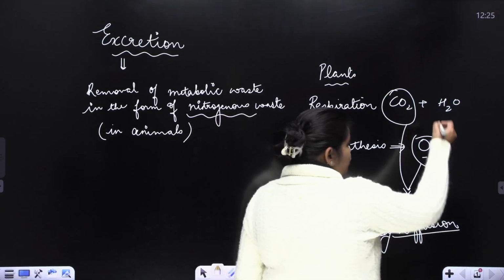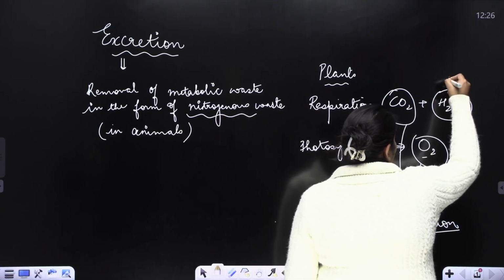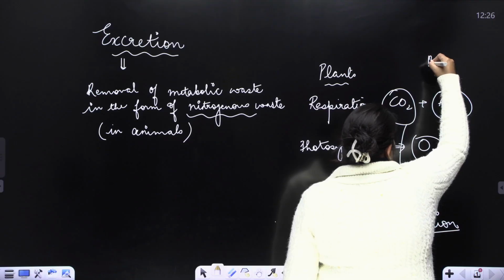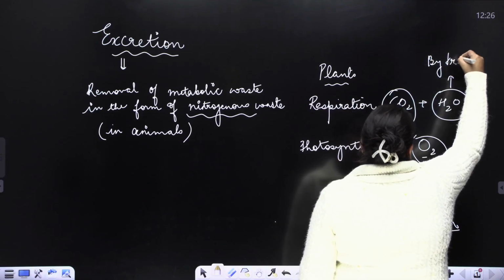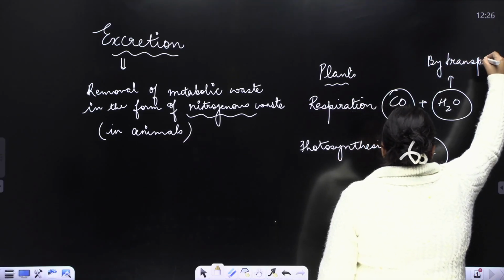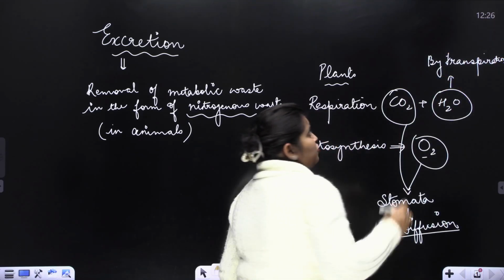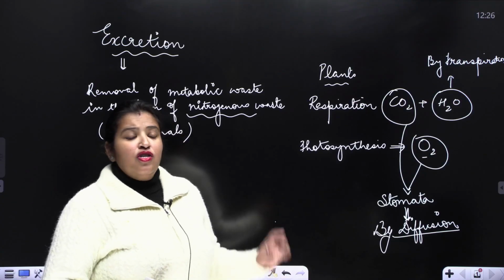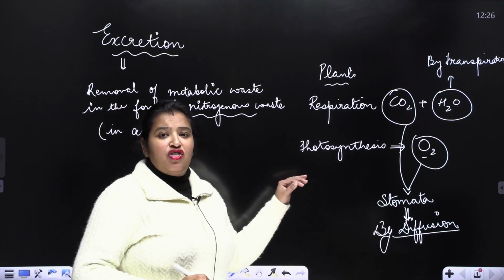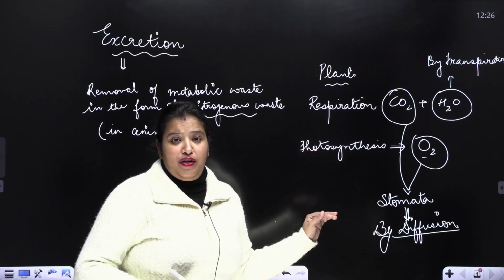Water is also lost through stomata only, by the process of transpiration. So these are three main wastes which are released by the plant body.